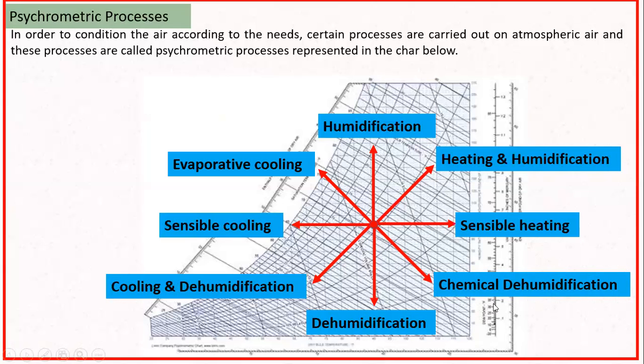Normally, chemical dehumidification is done in chemical industries, especially in storages, where dehumidification has to be done in order to avoid fungus or in order to store for a longer time. Now, slowly we will get into each of these cases and try to understand each case.